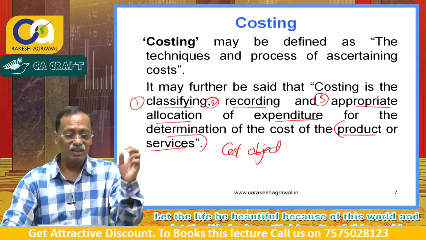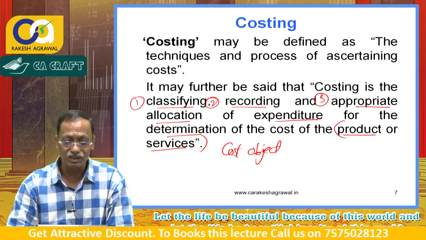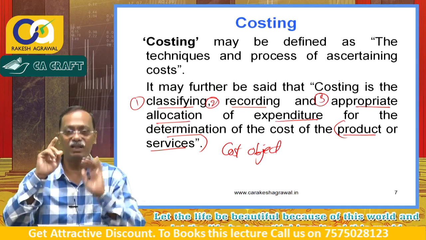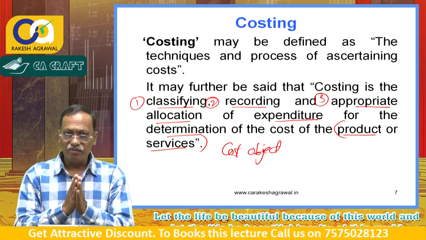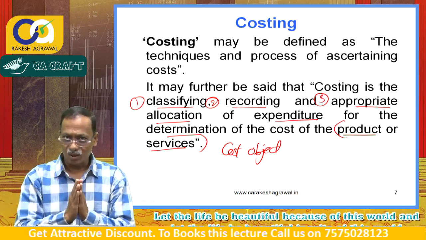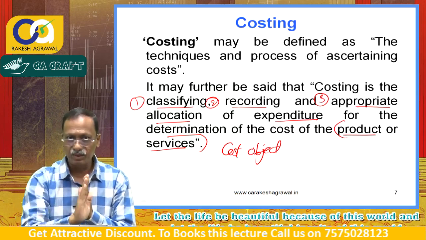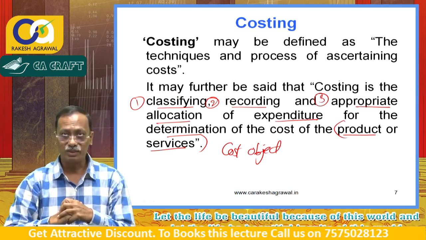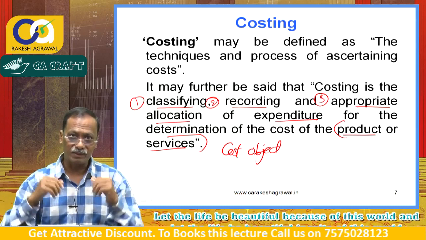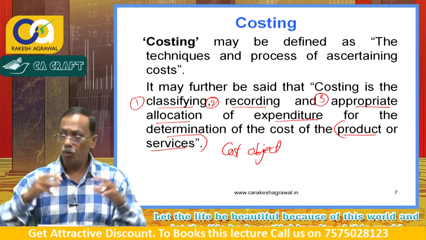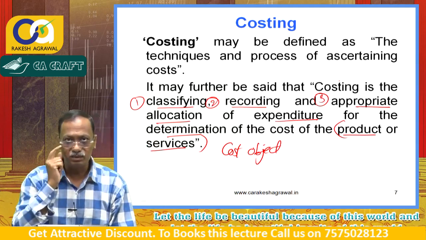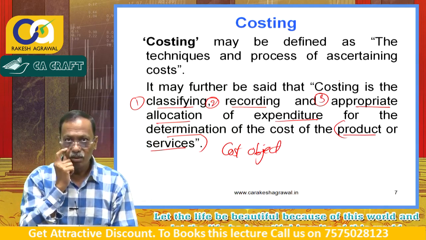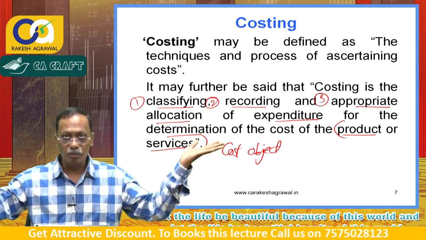This entire sentence, appropriate allocation of expenditure, is nothing but absorption of overheads, your overheads topic. See, there is no difficulty in ascertainment of direct cost, because direct cost has a one-to-one relationship with the product or the cost object. But what about common expenses? How much factory rent should I charge for manufacture of one desk bench? It's very difficult, because rent is incurred in common.